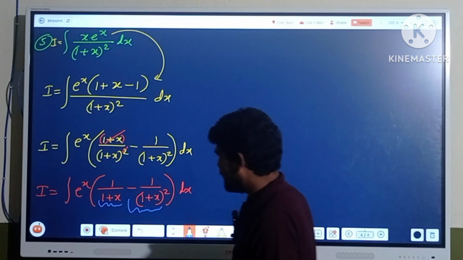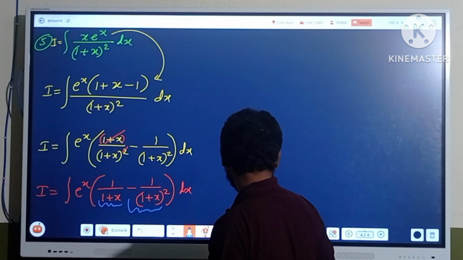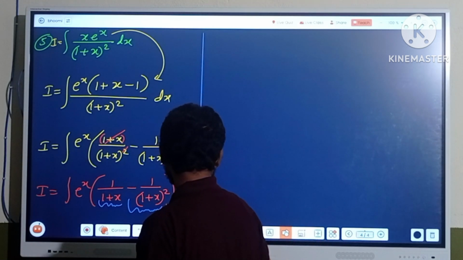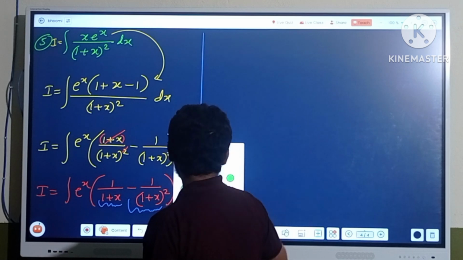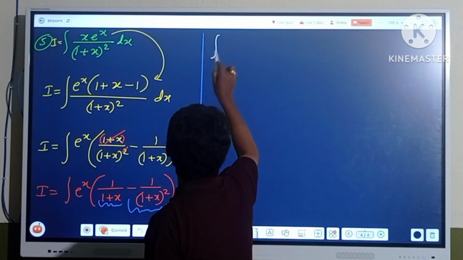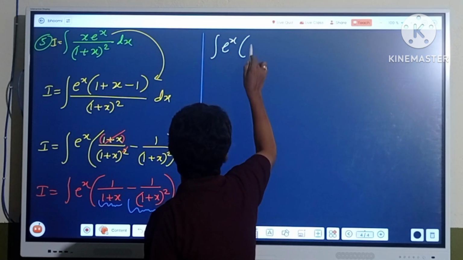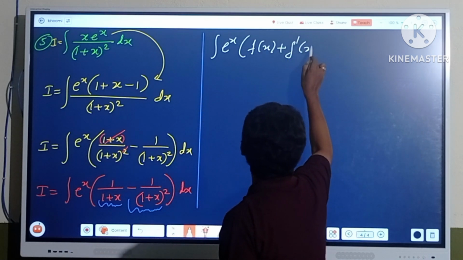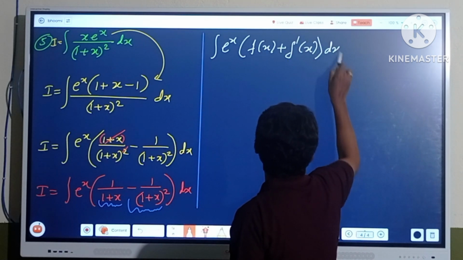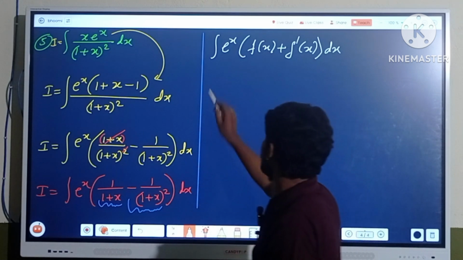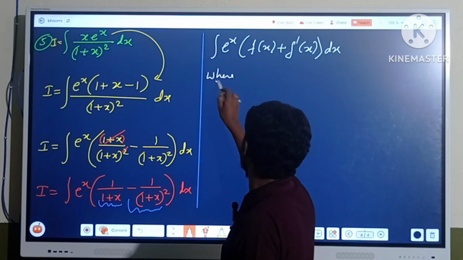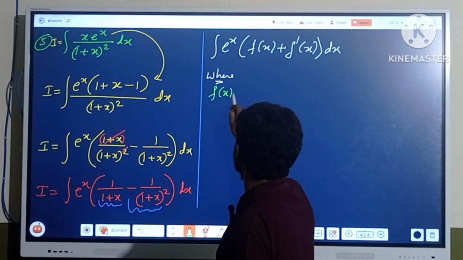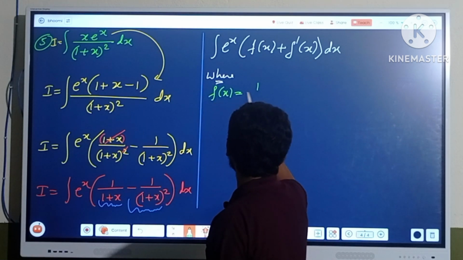So it means that this I is of the form integration of e power x into fx plus f dash x with respect to x, where what is fx? Where fx is equals to what? 1 divided by 1 plus x.